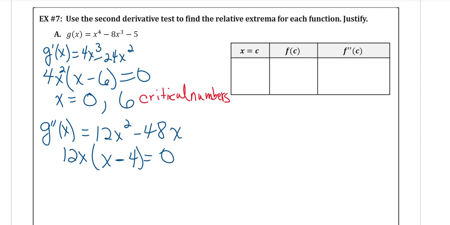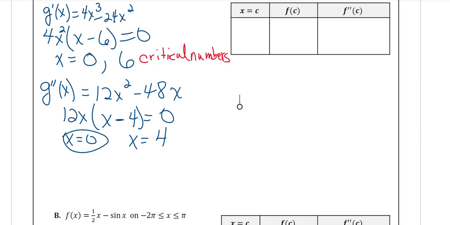All right, so now how we use this is we are going to substitute our critical numbers into our second derivative. So our two critical numbers are, let me just cut this chart in half here because we have 2. We have 0. And we have 6. And so we're going to substitute them into the function.